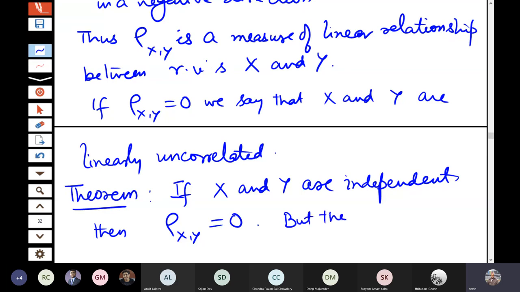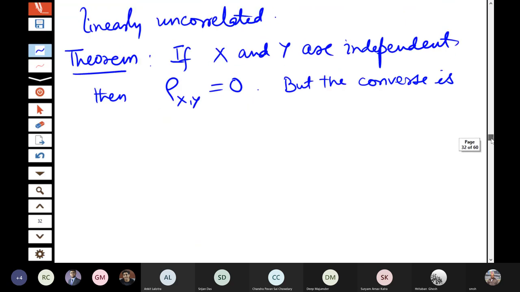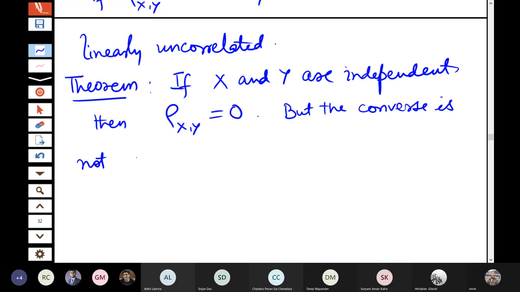But the converse is not true. I will give you one example of the converse here.